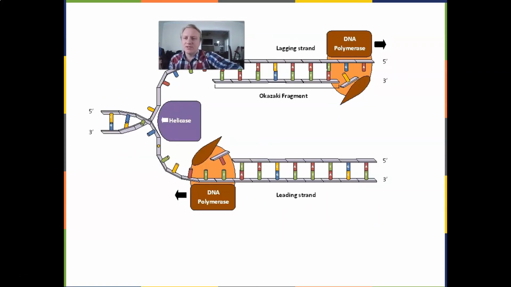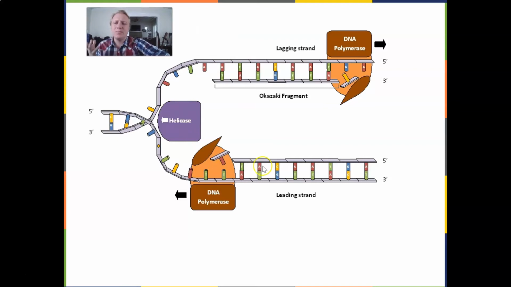The next enzyme that's going to be involved here is DNA polymerase. Once you've exposed those strands, DNA polymerase is going to be able to come in and actually add base pairs, so that we wind up with a copy up here and a copy down here. Now the thing about DNA polymerase, it's a really great enzyme, but it's not smart. It is just an enzyme. The three things to know about DNA polymerase: it adds DNA base pairs.